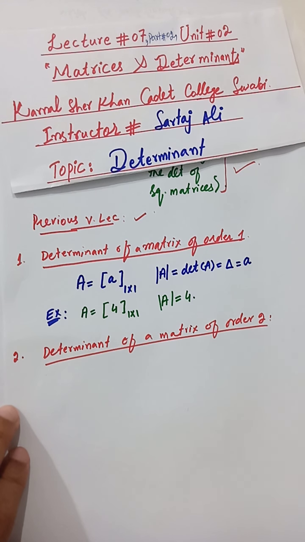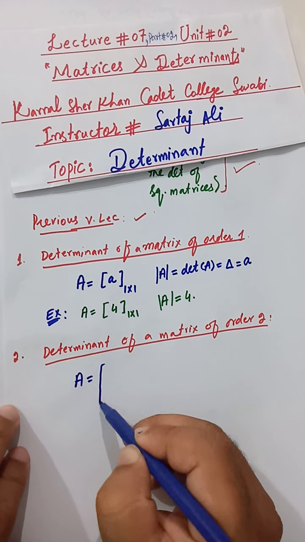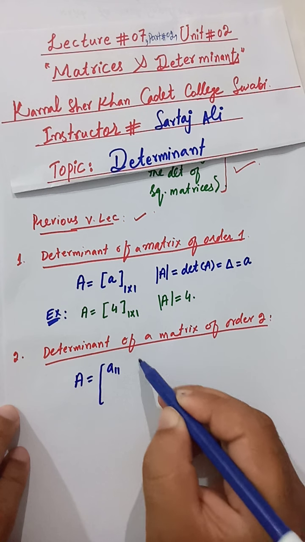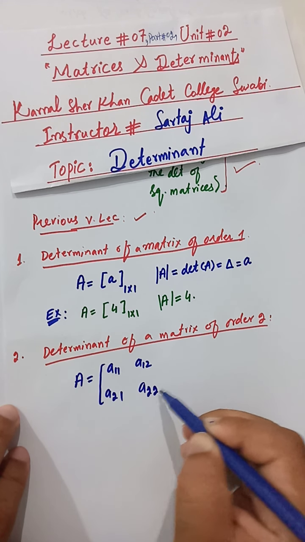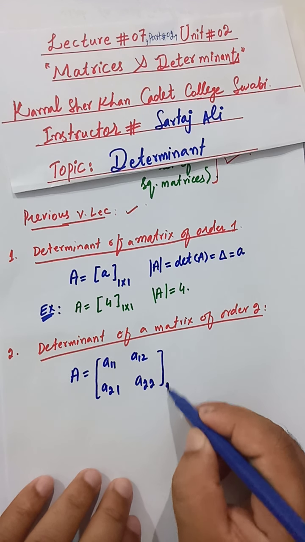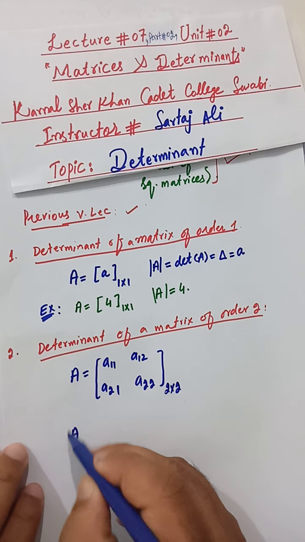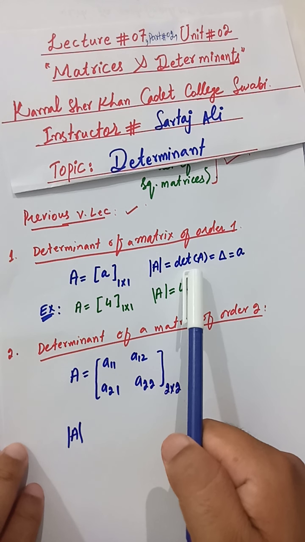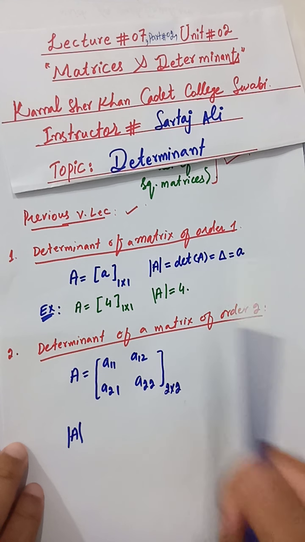If a square matrix having order 2, for example a matrix A in general form A11, A12, A21, A22, this is a square matrix A having order 2 by 2. So how you can find out the determinant? The determinant of this matrix is denoted by A determinant, and you can also denote by determinant of A or delta, but we will use this or this.